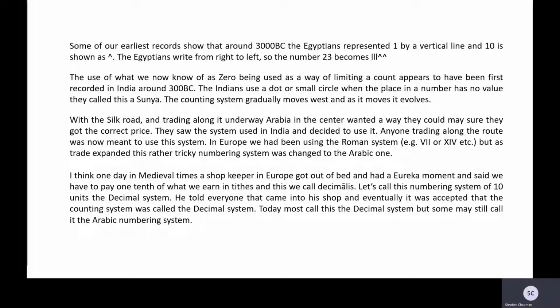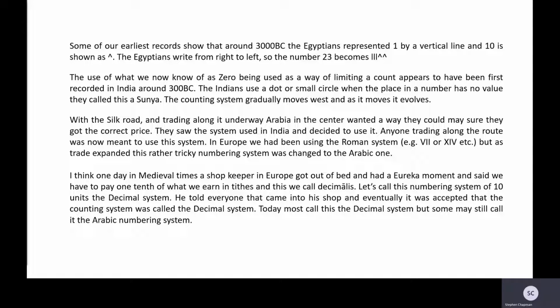This got to be called the Arabic numbering system. And today we still call the numbers that we use the Arabic numbering system. And there's a little story I've got there of how we probably came to call it the decimal system as well.